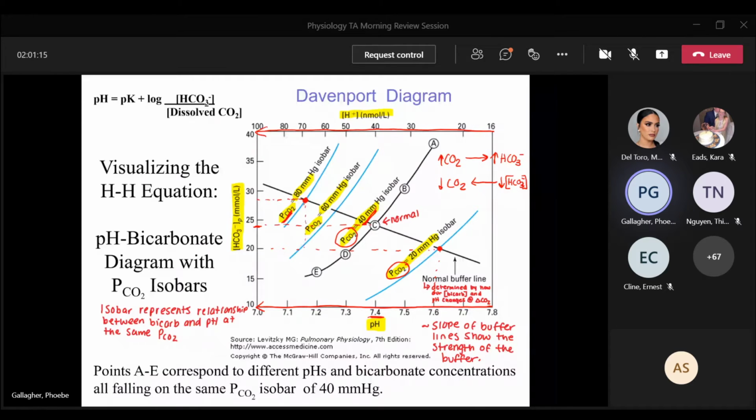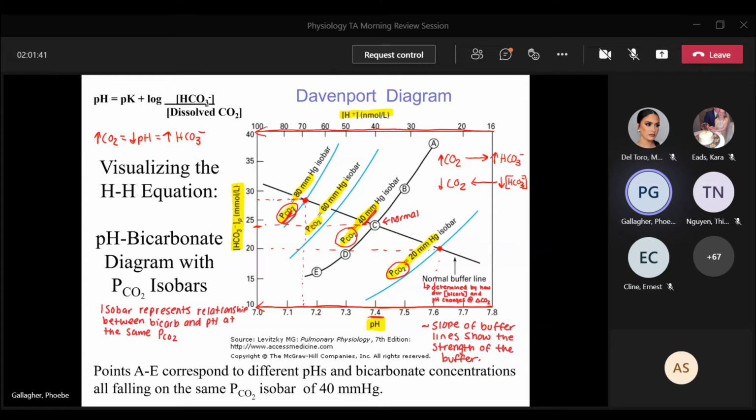And as expected, you would also see a drop in your pH because of how much CO2 is added. So a rise in CO2 is going to drop your pH, and it's also going to lead to an increase in bicarb. And the reverse is true for a low CO2.